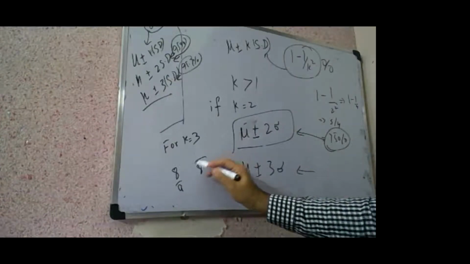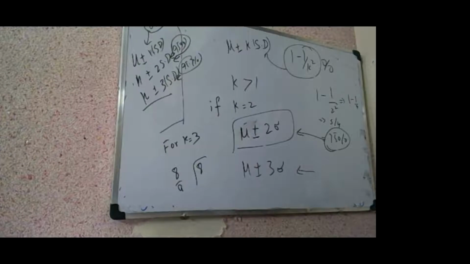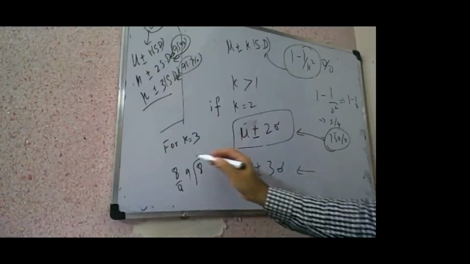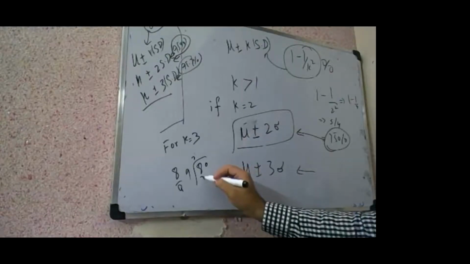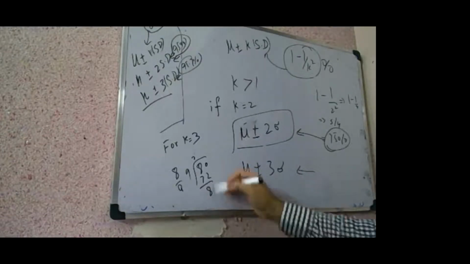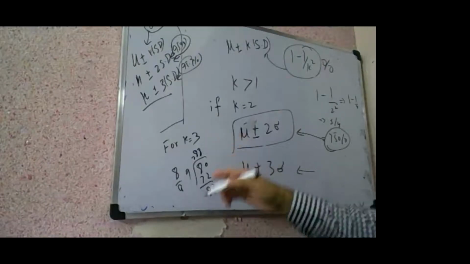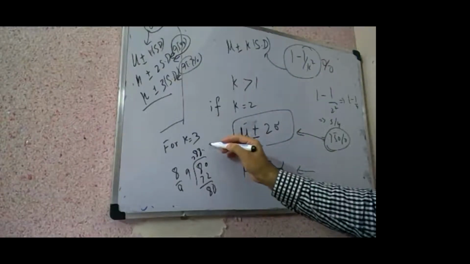And what do you get from 8 by 9? 9 times 9 is 81, so 9 times 8 is 72. So it comes to 0.888 and so on. So can I write this as 88.9%? Yes, I can write.